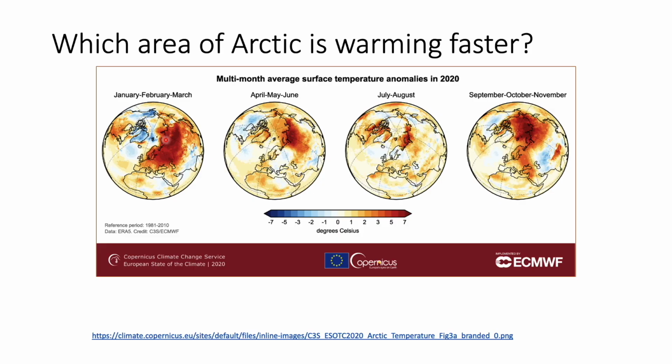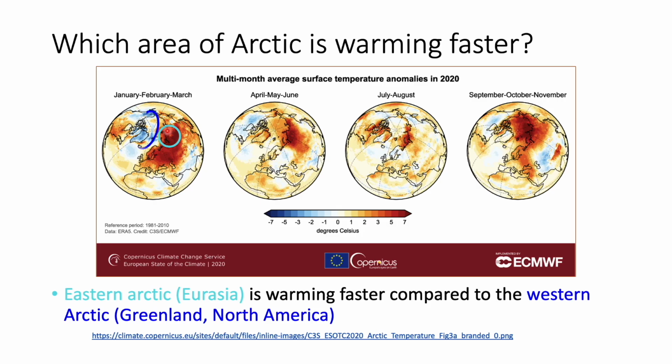So this Siberian region is becoming hotter, whereas if you look at the other end, Greenland and the United States, the western end of this Arctic region, it is shown in blue. Blue color means the temperature is decreasing. So this is the major anomaly even within the Arctic region. The eastern Arctic region, the Siberian area, is becoming very warm compared to the western Arctic region. In the later part of the lectures, we will be looking at why this anomaly exists.